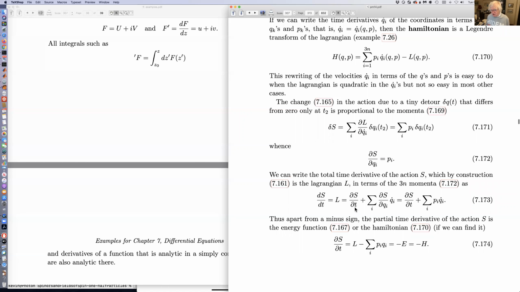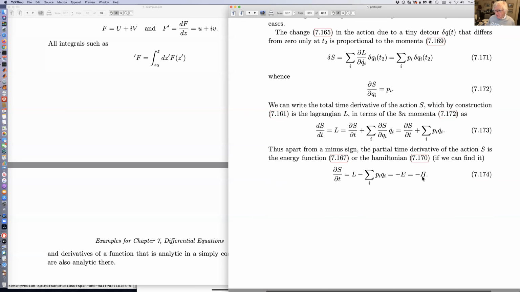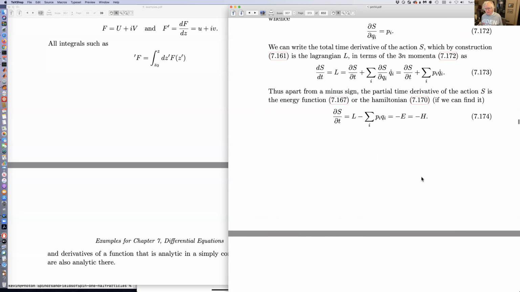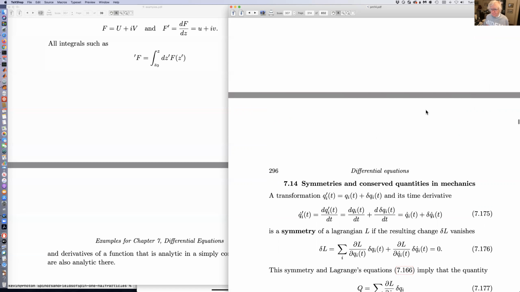This is the partial derivative of L with respect to t plus the derivative with respect to the coordinates times the velocities, and that gives us this expression, which is L minus this sum, or equivalently, it's minus the Hamiltonian. So the partial derivative of the action with respect to time is minus the Hamiltonian.